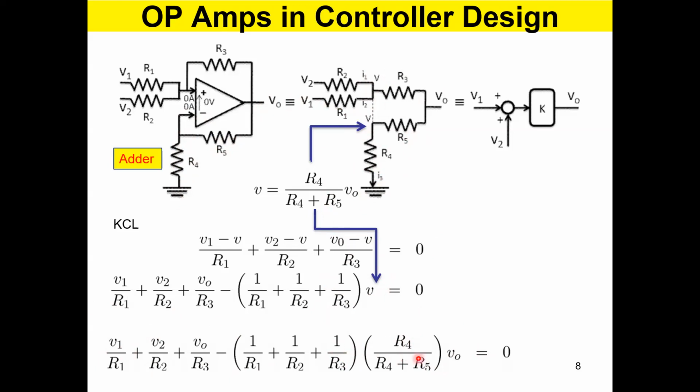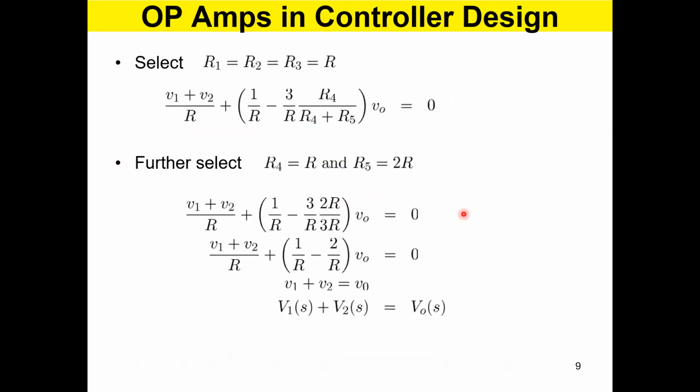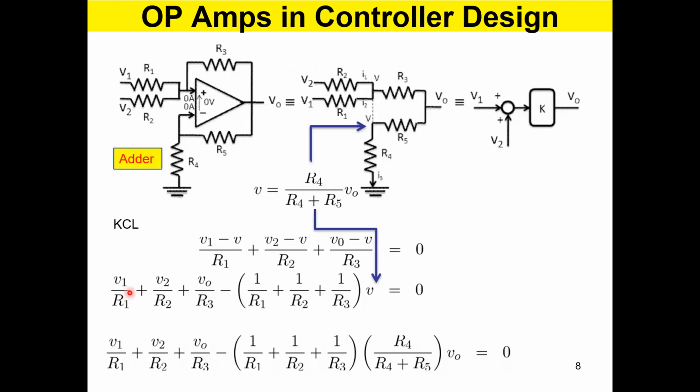Now, after this point, this is still not the adder. It's not the adder yet. You have to make it an adder circuit, right? This is what you get. To make it an adder circuit, you do some assumptions, right? From here, you select the resistors R1, R2, and R3 to be equal to each other, right? That is R. So which means this is R, this is R, this is R, right?